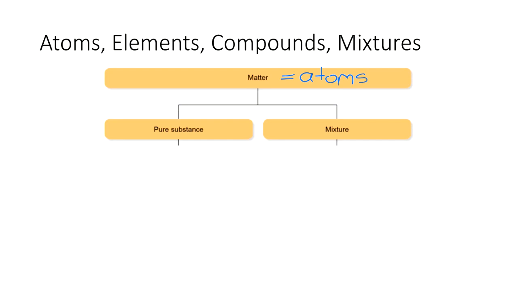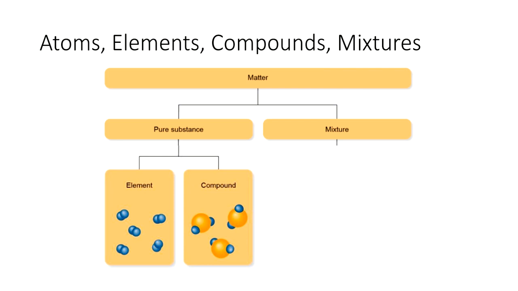One is a pure substance and the other one is a mixture. A pure substance is matter that is either an element or a compound. What is the difference? In an element, we have molecules formed by the same type of atoms.